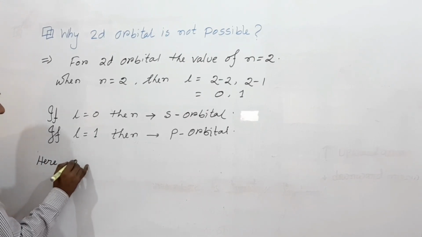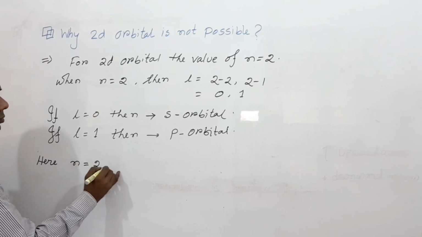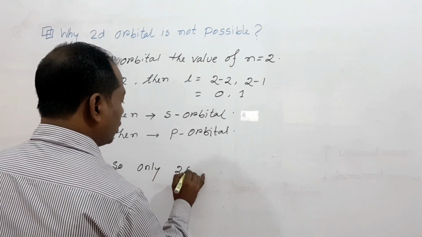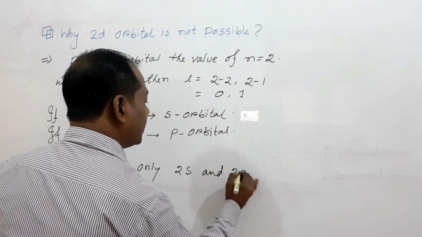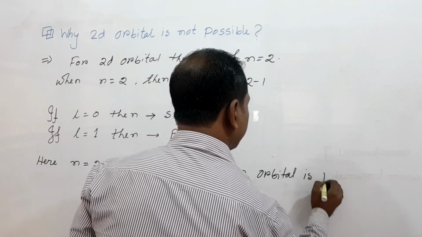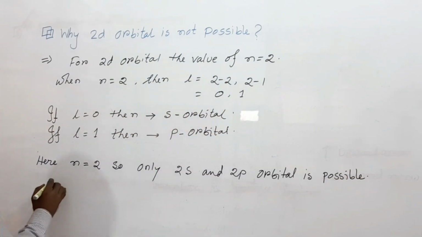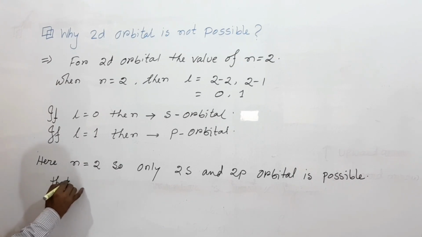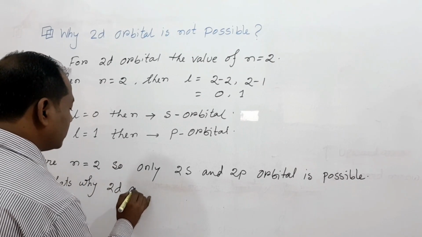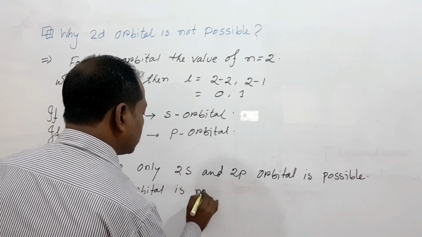Here n equal to 2, so only 2s and 2p orbital is possible, and that's why 2d orbital is not possible.